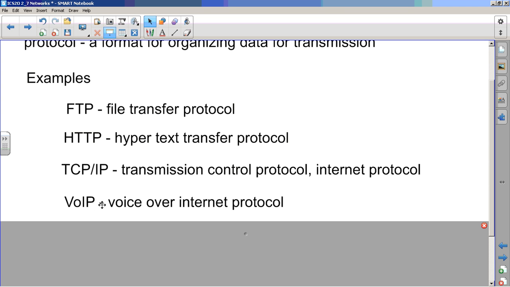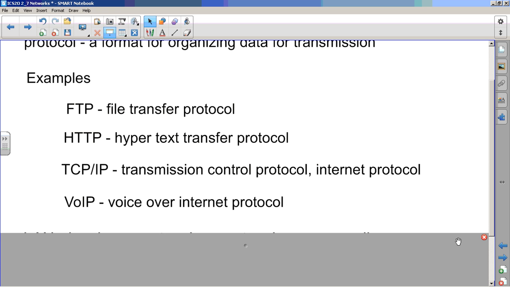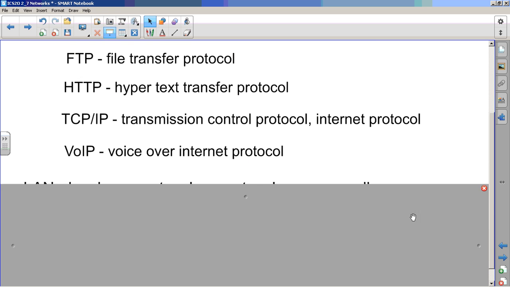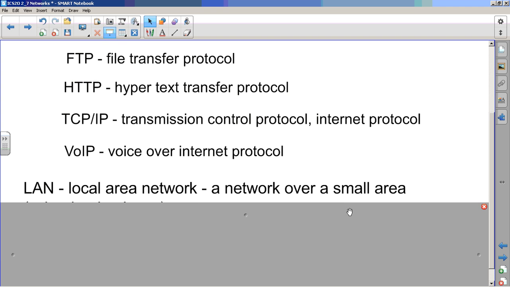So VoIP, Voice over Internet Protocol. Again, this is just another way that our computer gets data ready to be sent over network lines. Two more. Hopefully you're keeping up.